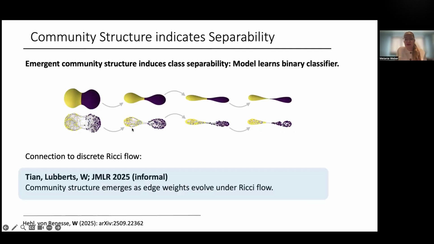And this is also what we would expect under the Ricci flow. If we apply a Ricci flow to a manifold like this, then we would get this kind of separation. And on the corresponding geometric graphs, this is also the kind of behavior that we expect to see. And beyond this empirical evidence that we gathered from our experiments, one can also give a theoretical justification for this behavior.